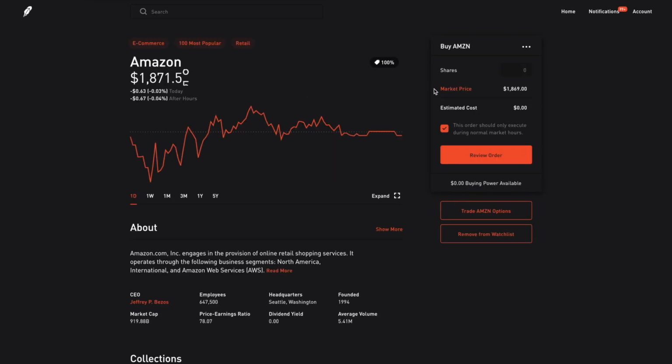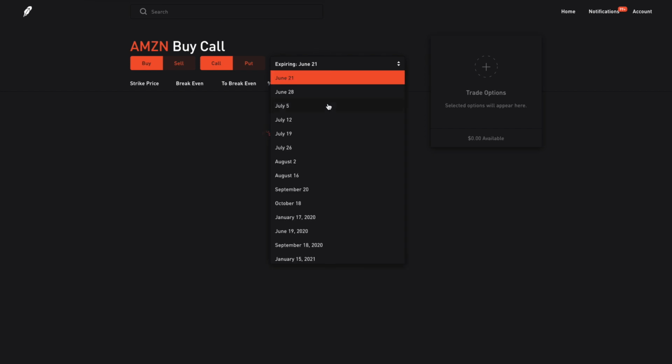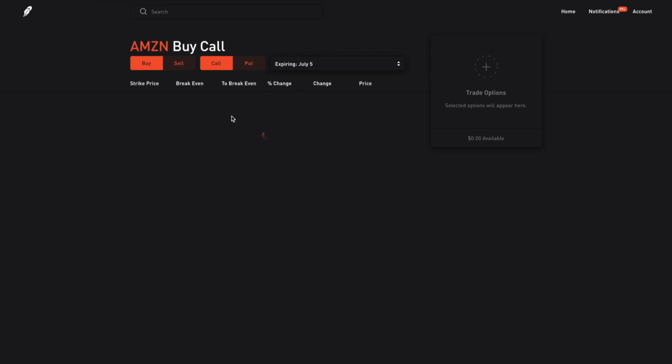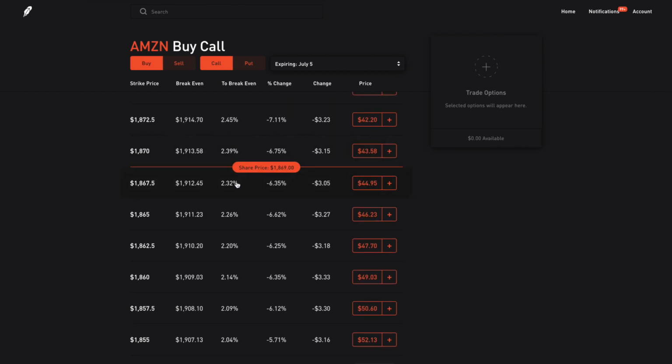If you have Amazon stock and you have your expiration set for July 5th, let's wait for it to load. Oh, my internet is crappy right now. So if you have a call option contract for Amazon expiring July 5th, look at how much these contracts cost. If you're close to being in the money, your option contract is going to cost you a ton of money.